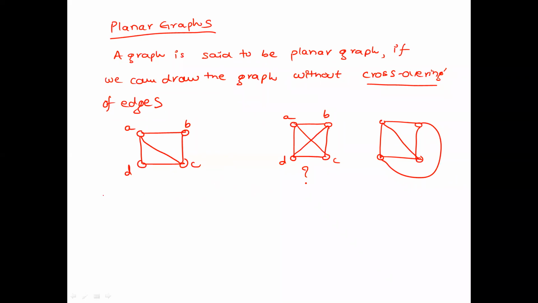So basically, there are a few types of graphs, and we'll see whether each type is planar or not. We discussed, in fact, the complete graph in the second unit. Complete graph, Kn. Has anybody recollected? What is a complete graph?